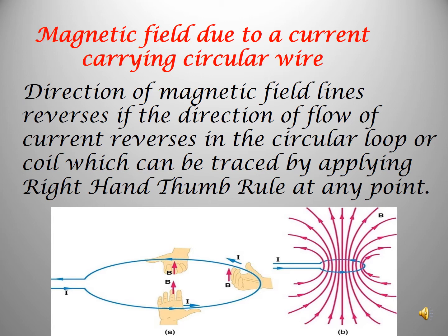You can take a thread, make a circle, and imagine you put a dot with ink, and that will give you the direction of the current. Place your right hand thumb along that, and wrap the other fingers of your right hand around the coil or thread and see. Get convinced that the magnetic field lines produced follow the right hand thumb rule.